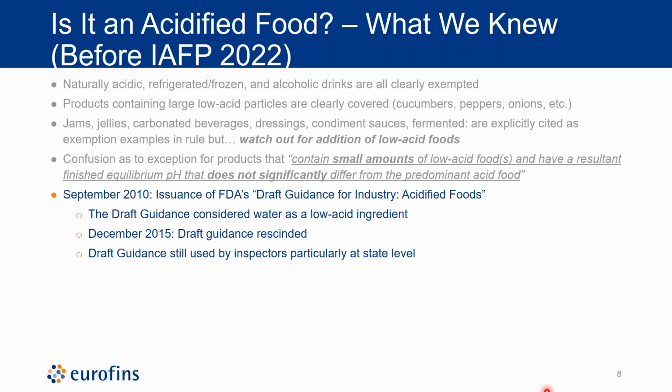The FDA rescinded that draft document in December of 2015, yet that draft guidance is still around, and many inspectors, particularly state inspectors, acting on behalf of FDA, oftentimes conducting inspections at the plant level, are still following that guidance and deeming products to be acidified that perhaps should not be.